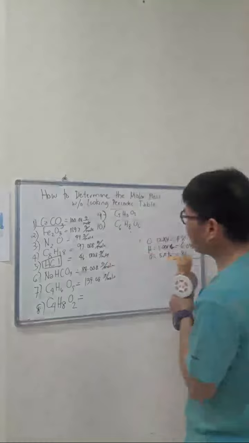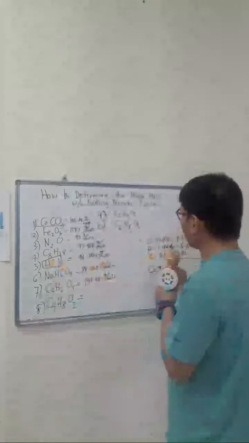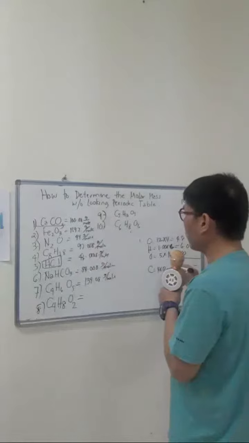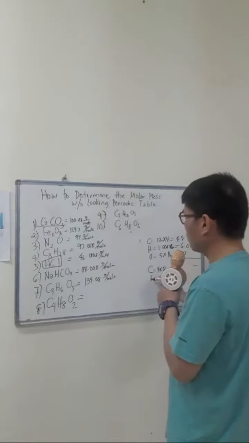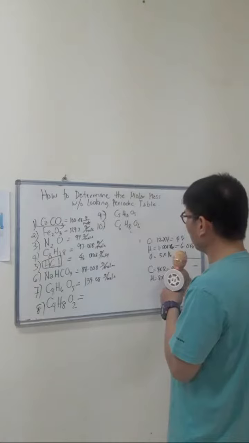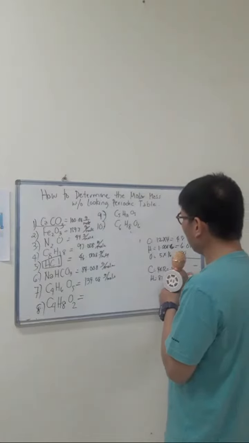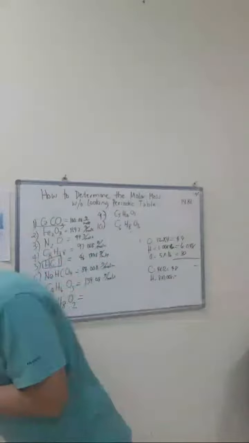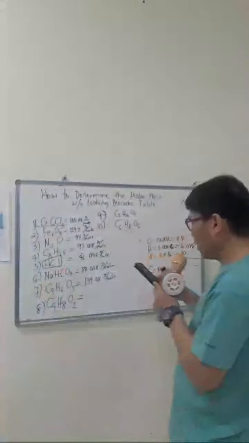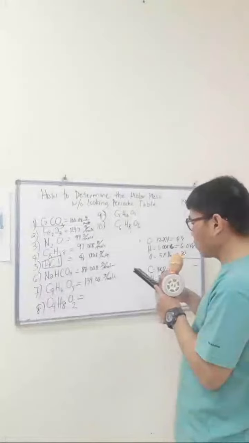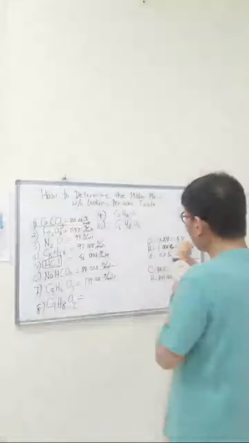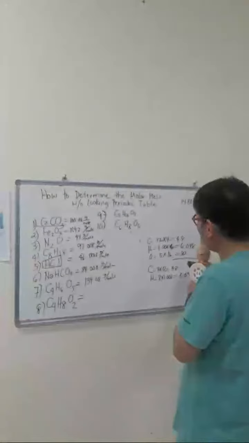Okay, butyric. So it's going to be carbon 4 times 12, again 48, mga palangga. Hydrogen 8 times 1.008. Okay, calculator. So 8 times 1.008 is equals to 8.064.